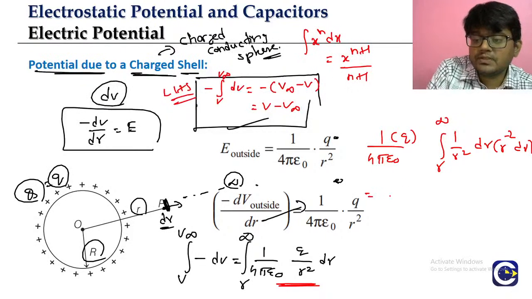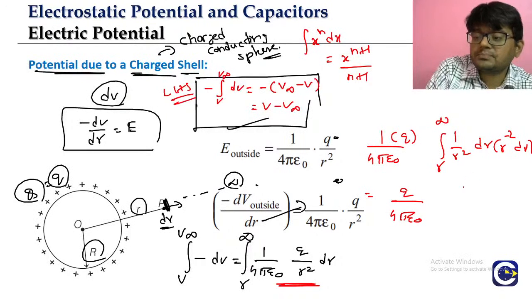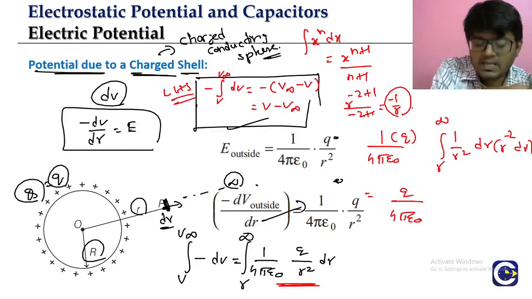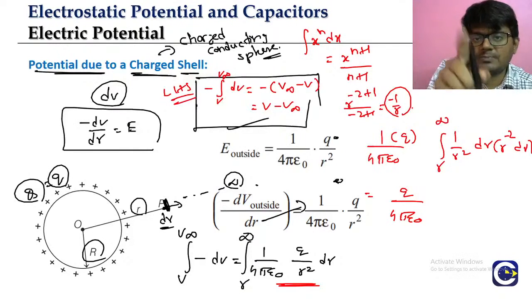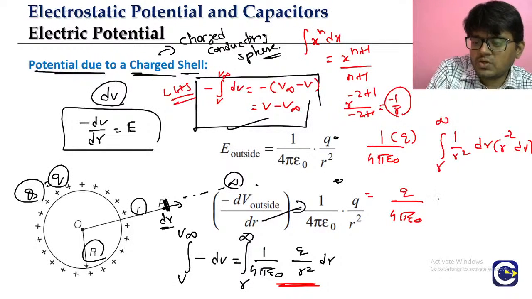So q by 4 pi epsilon naught times r power minus 2 plus 1 by minus 2 plus 1, which is minus 1 by r. Now we need to substitute the limits. What are the limits?